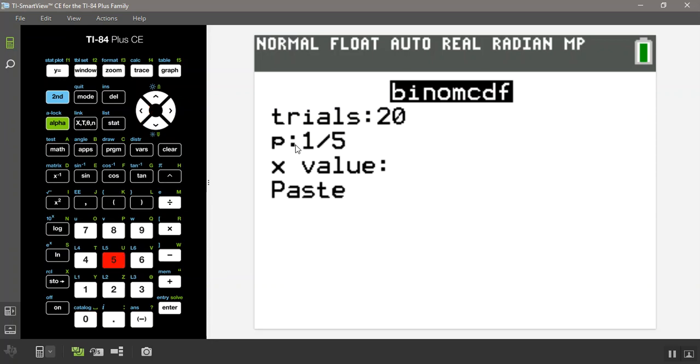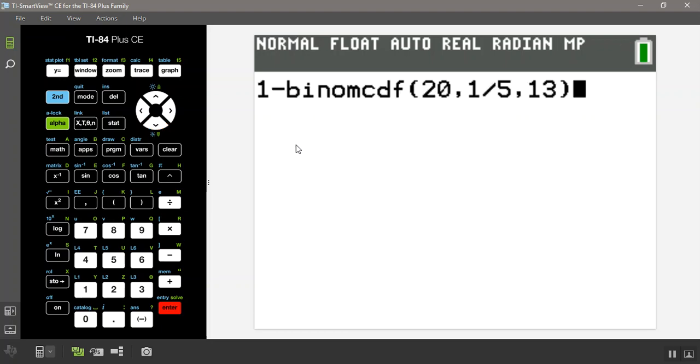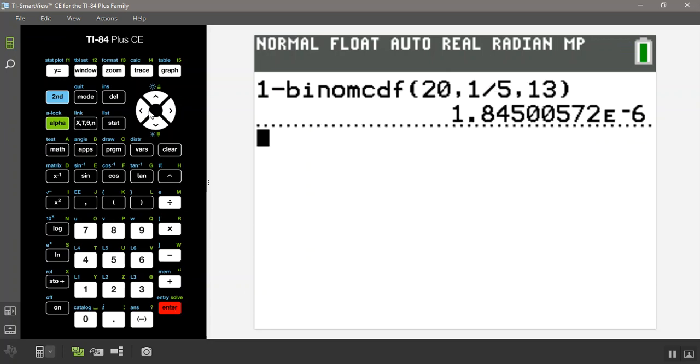Then my probability of success was 1/5, my number of trials was 20, and I'm going to stop it at 13 because I really want the probability of 14, 15, 16, 17 up through 20. So I'm going to stop it at 13. It'll add up all the probabilities up to 13, but then it'll take it away from 1. As a matter of fact, well, here, I'll do this first. And I get that number.